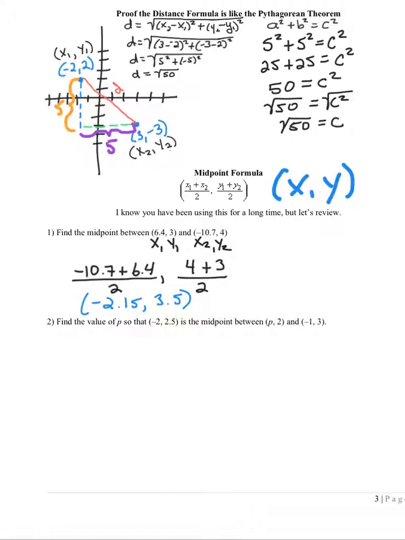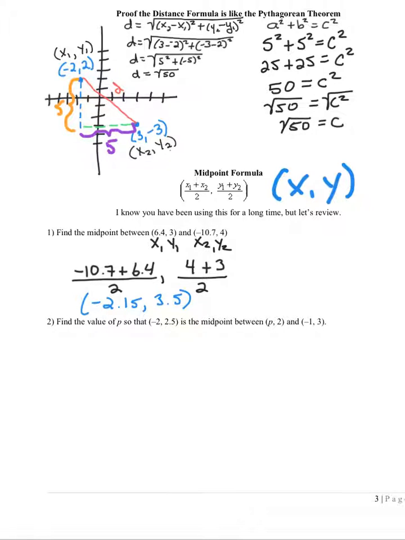So once again, we label our points x1, y1, x2, y2, representing our first point and our second point. And we put those values into the formula for our x's and y's. Since we're adding here, it doesn't matter if we put x2 first and then x1, or if we put x1 first, then x2, because we're adding these together.